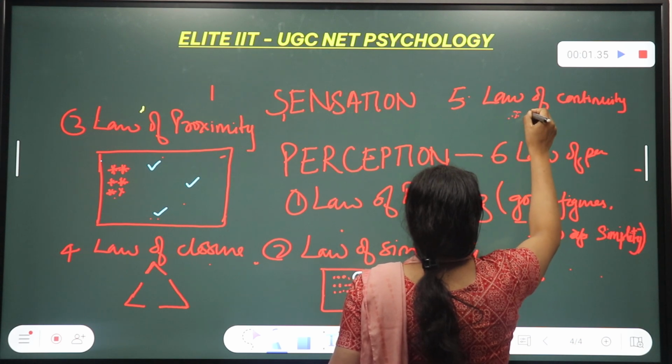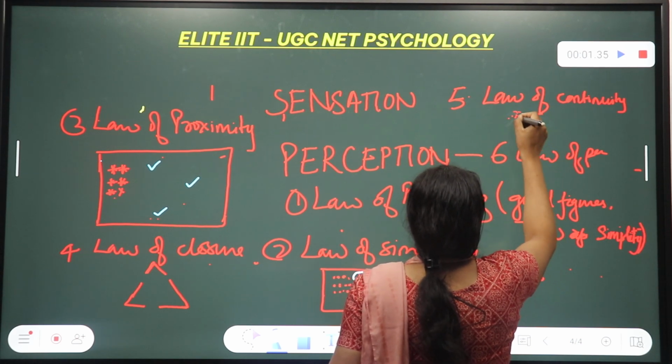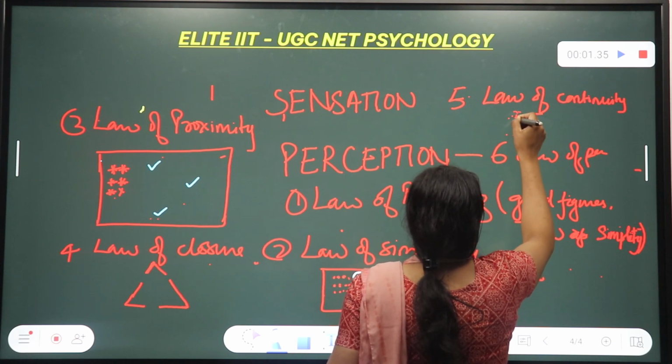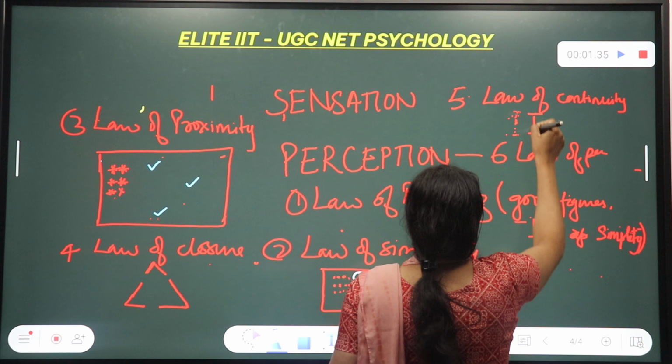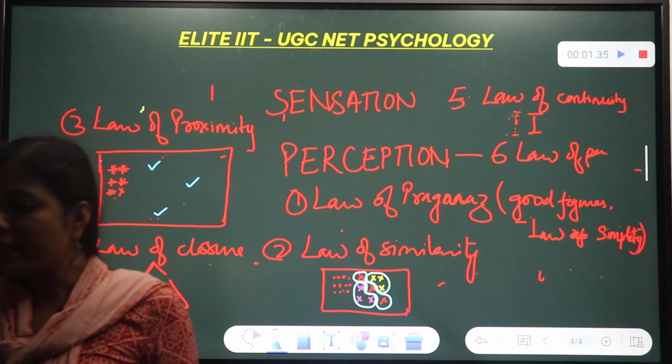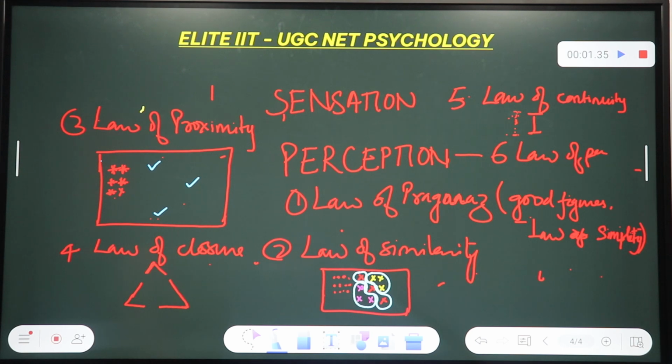So, they are trying to make sense of it by using a lot of continuity. They are continuously joining together. I will be able to form it as a continuous thing and call this the law of continuity. Then there is something called the law of closure.